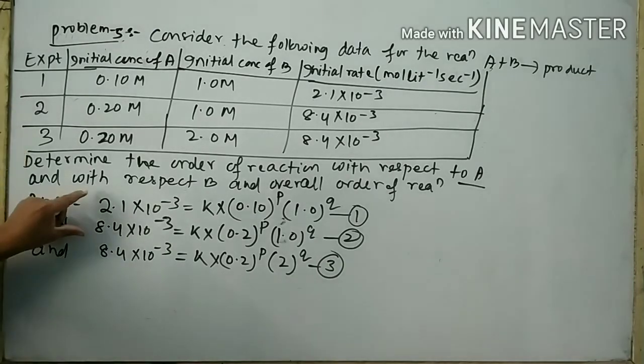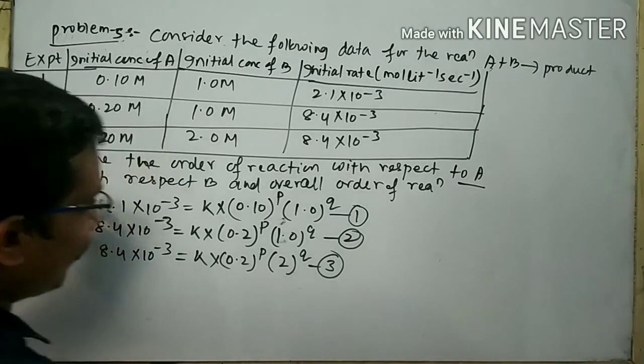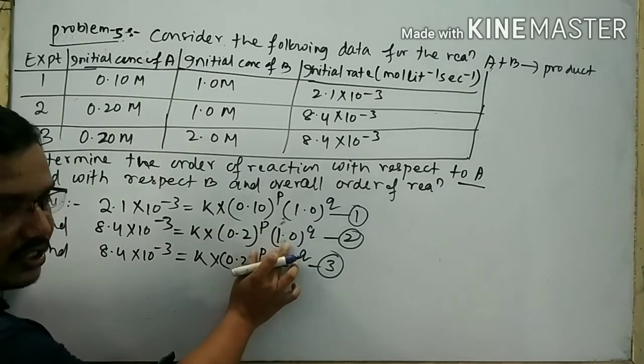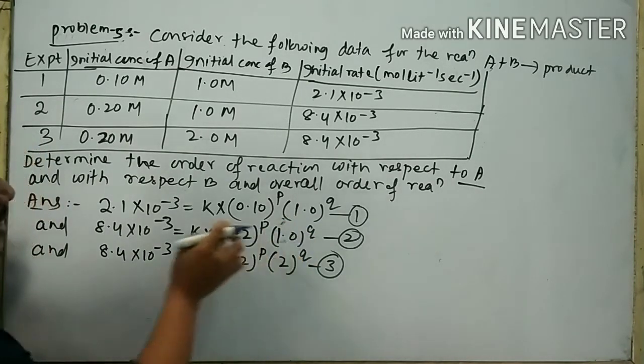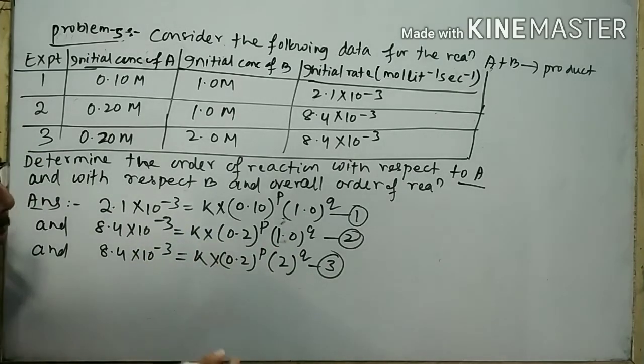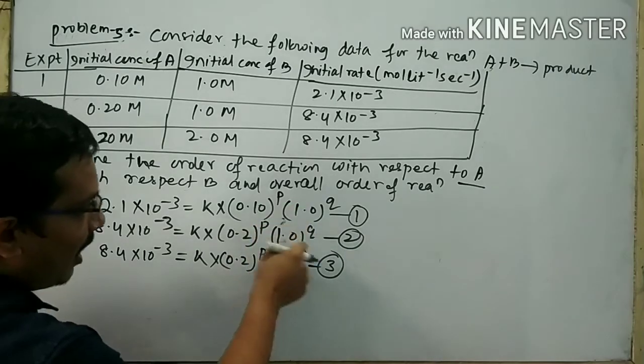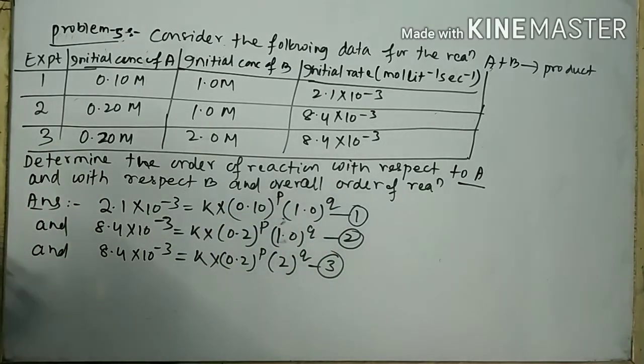If I take equations 1 and 2, look at that, here 1.0, here also 1.0 is written. That means when I divide equation 1 by equation 2, the concentration B term will be cancelled.